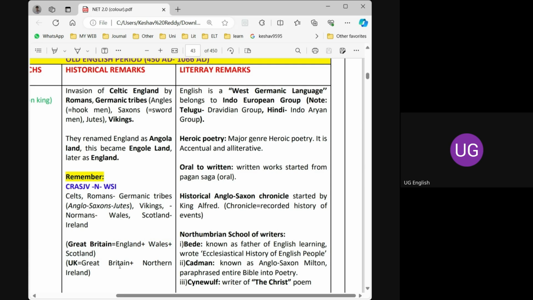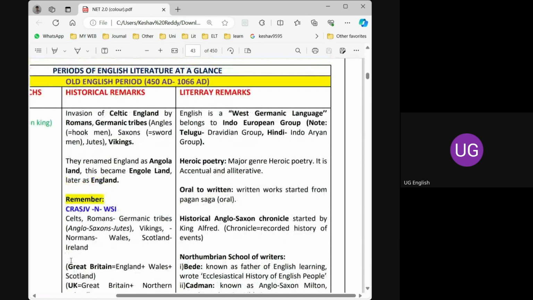And if you also include Northern Ireland, actually the entire Ireland was included, but Southern Ireland was separated from Britain. So now it is UK. If we say UK, United Kingdom, that is a group of four countries: England, Wales, Scotland, and Northern Ireland. Remember this term. And this is basic knowledge for English students.